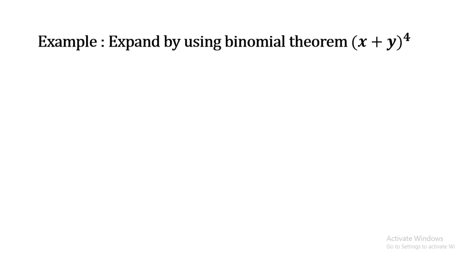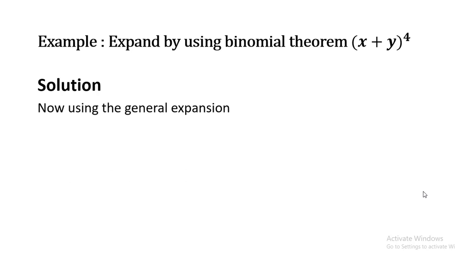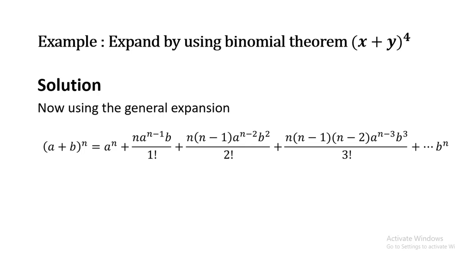Okay, so now we are going to expand an expression using binomial theorem. The expression is x plus y power 4. Now here n, the power, is 4. So we will first use the general expansion, which is this.